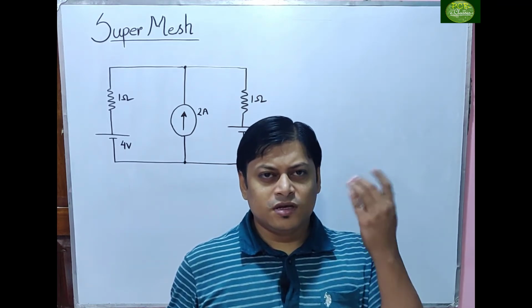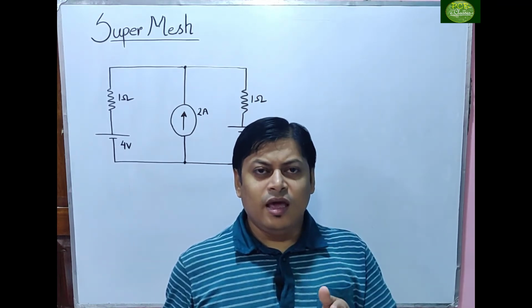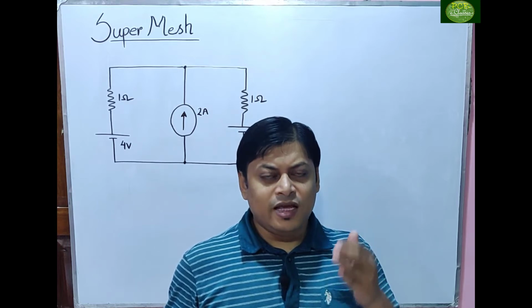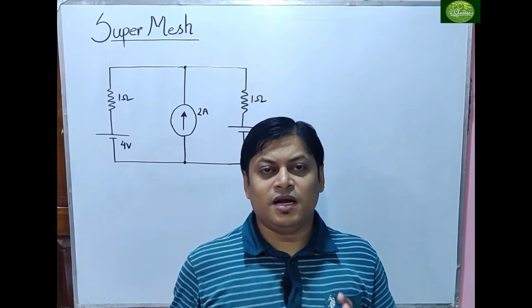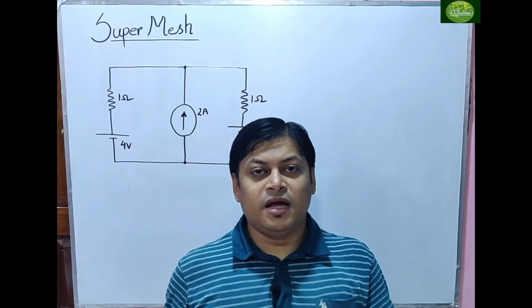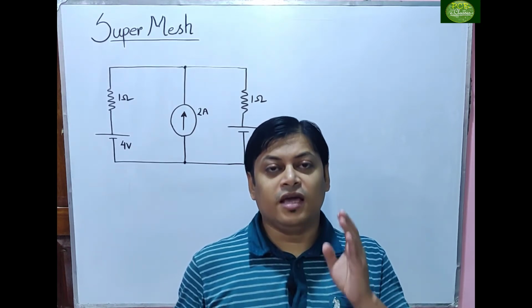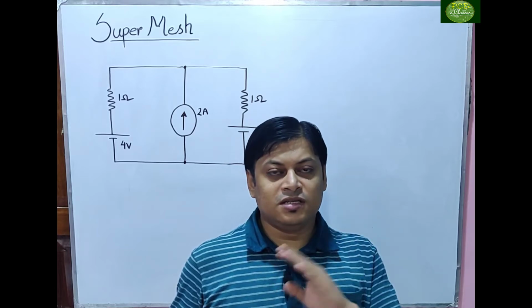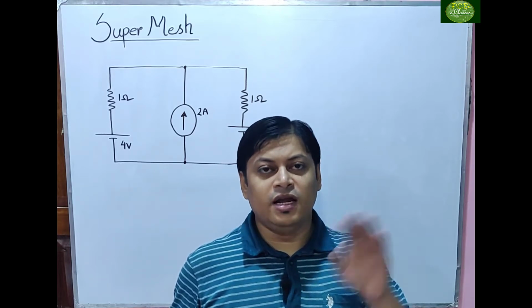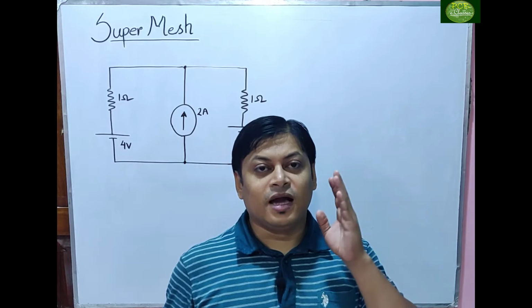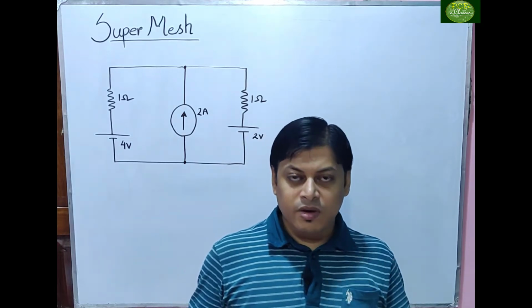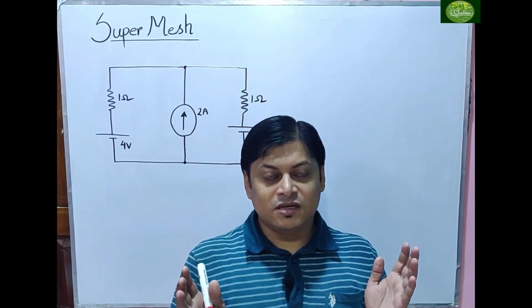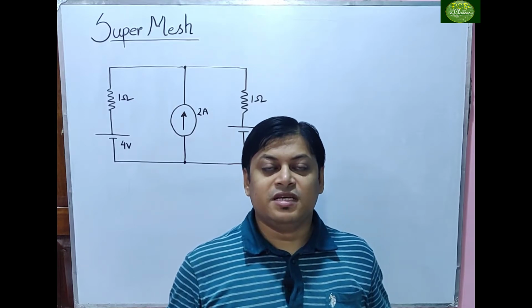With the current source, there may be any resistance, any element in series, that doesn't matter. But that common branch should consist of a current source. It doesn't matter what type of current source, dependent or independent. But if a current source is common between two meshes, then super mesh is applicable.